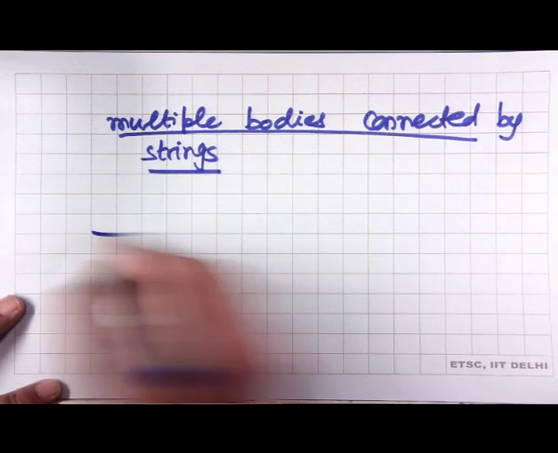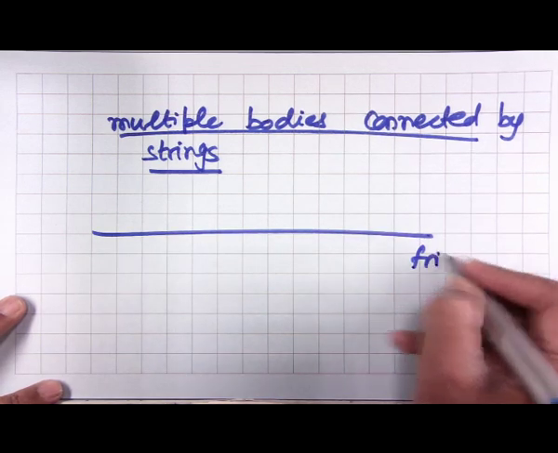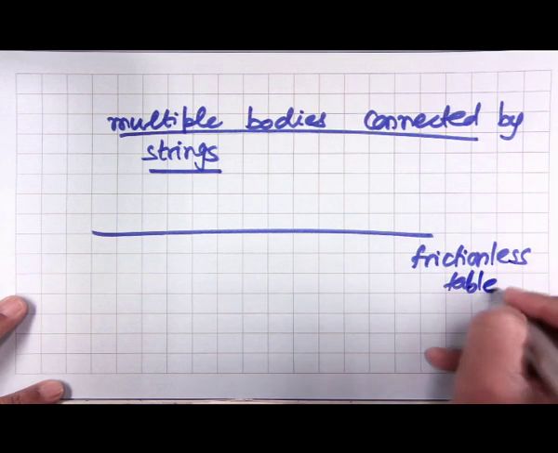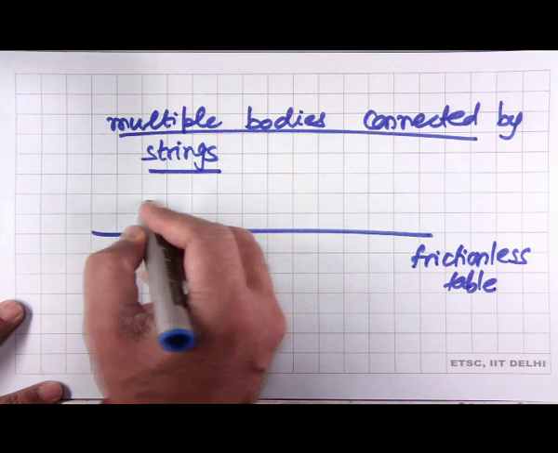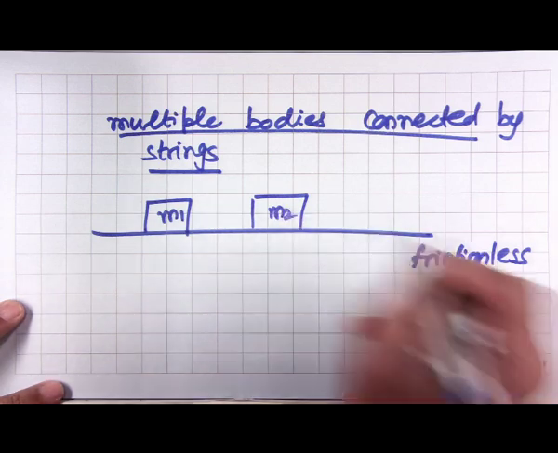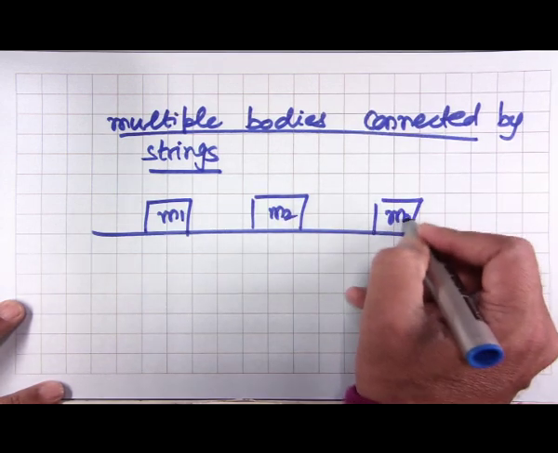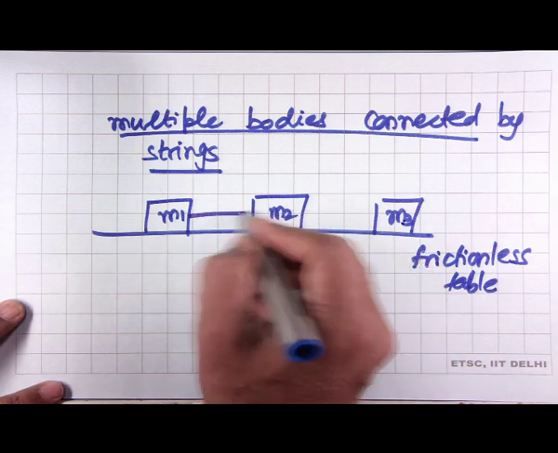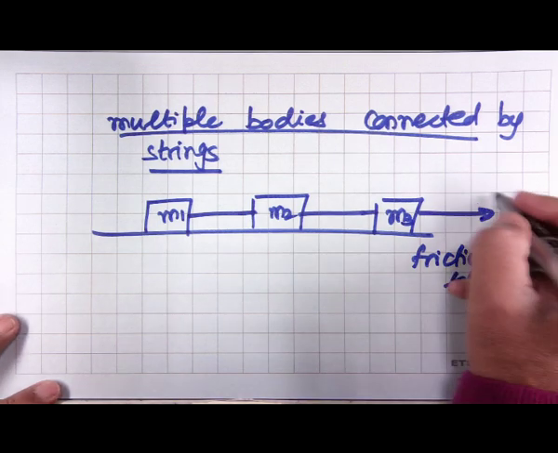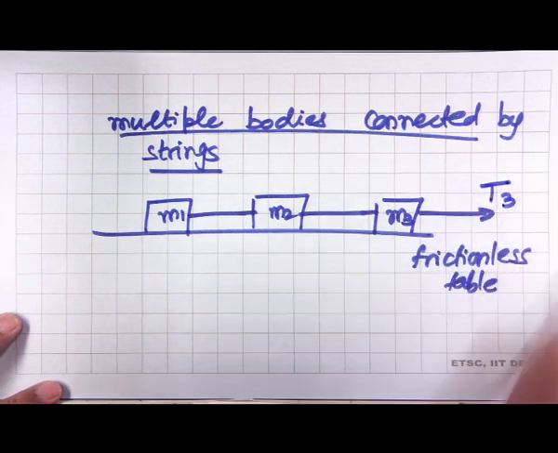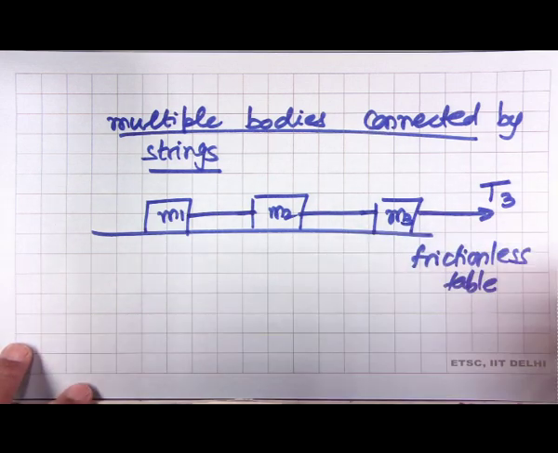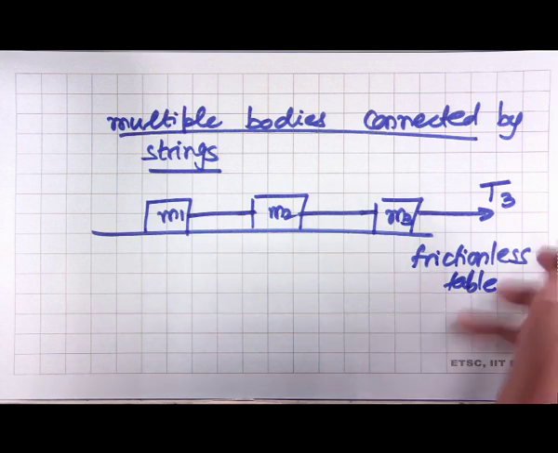We have a frictionless table on which we have a mass m1, a mass m2, a mass m3. These are connected by strings, and at mass m3 the string is being pulled by a force of T3.